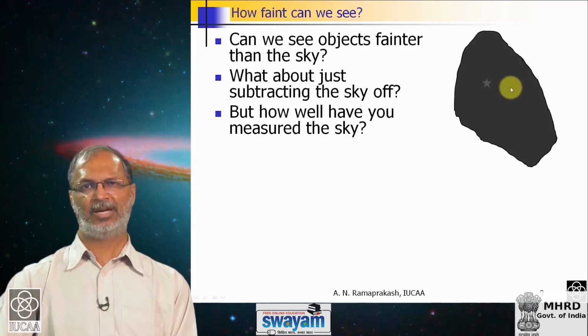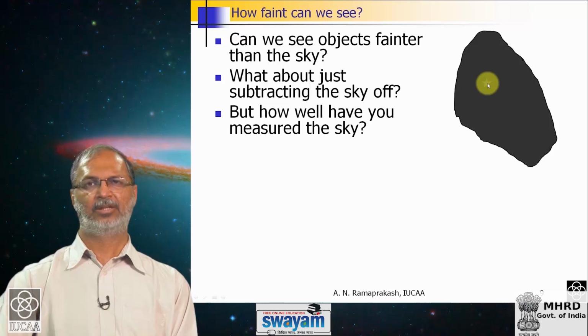Then I measure the sky in a nearby region and just subtract the sky off. That is easily doable. If I can subtract the sky off and just measure the excess light coming from the direction where the star exists, I can see the star. So, that means that there is no limit. However bright the sky is, you just measure the sky, subtract it, and you will be able to see the star.